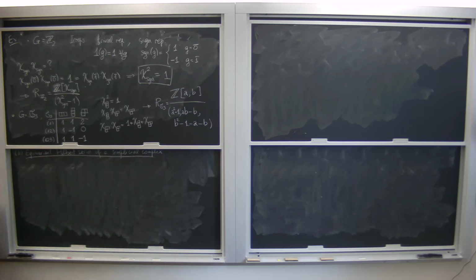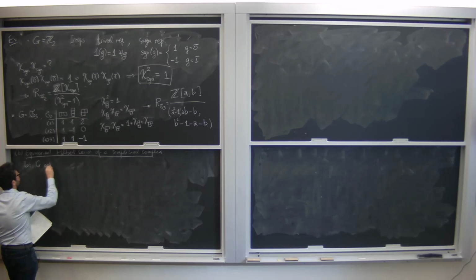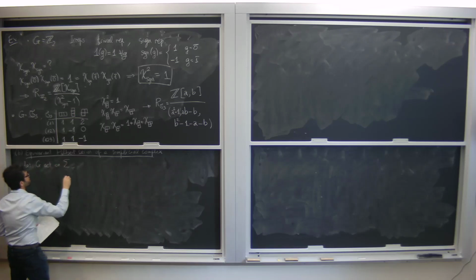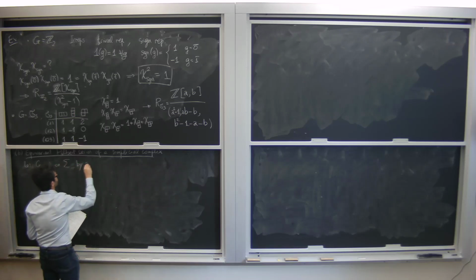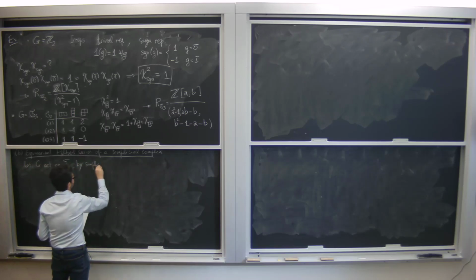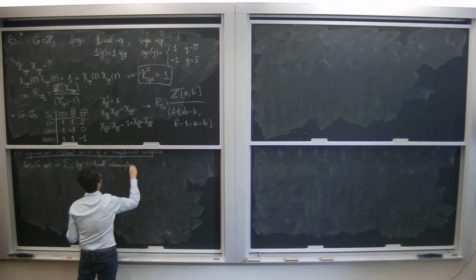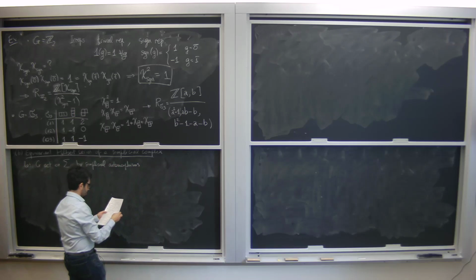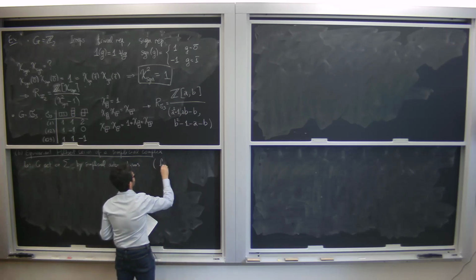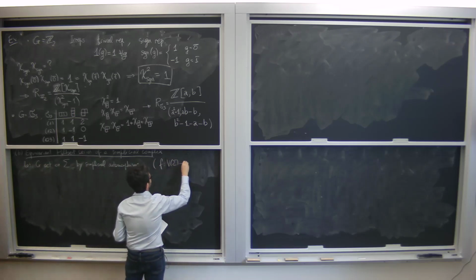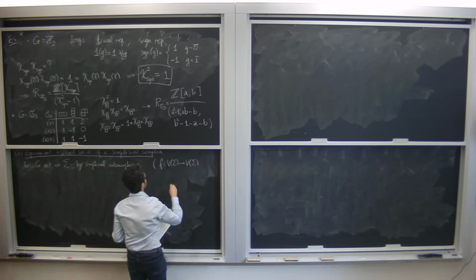Okay, so I need my group G to give me some symmetries of the complex. So I need G to act on sigma by simplicial automorphisms. I need the right concept of invertible morphisms, which means that you get something from the vertices to themselves, which is a bijection.